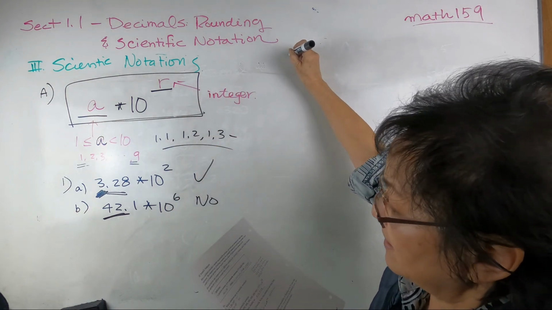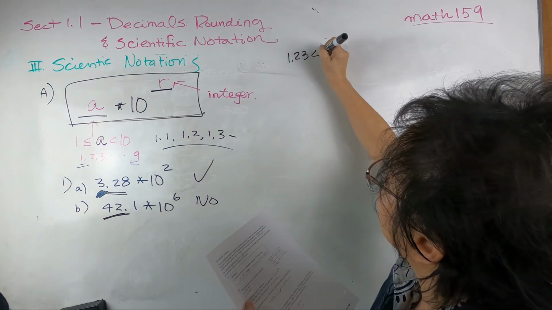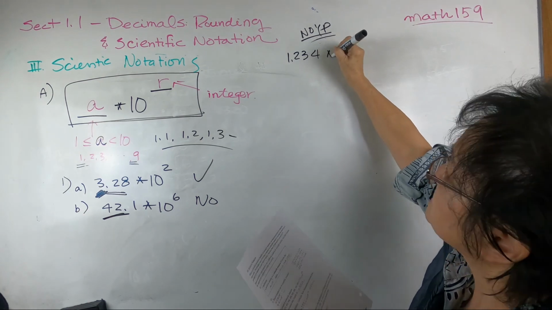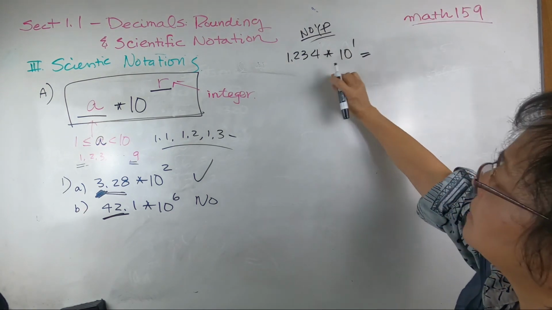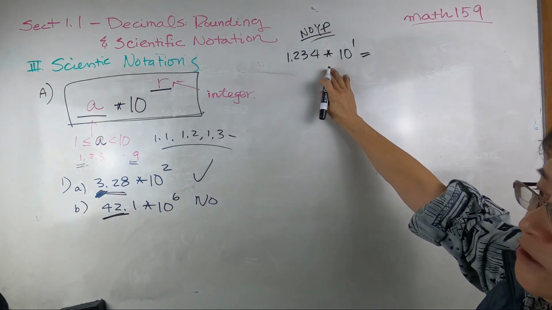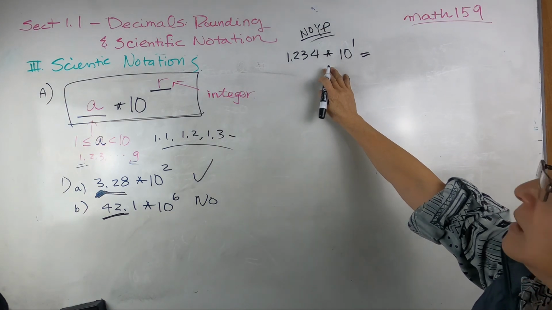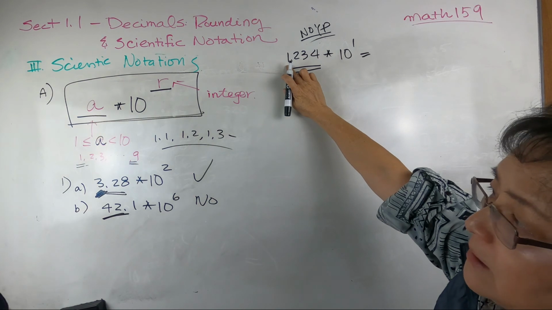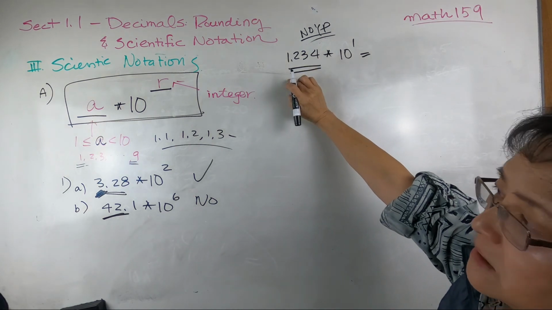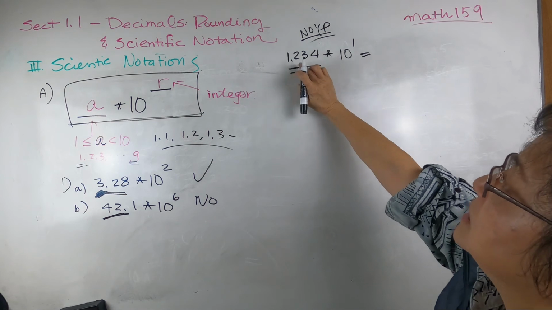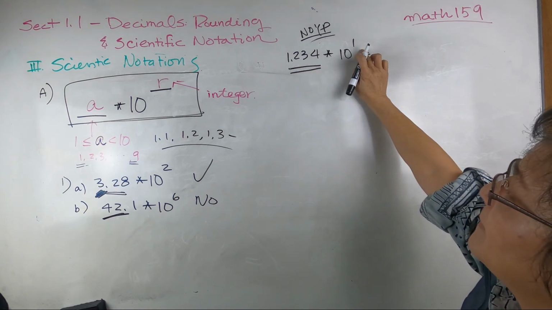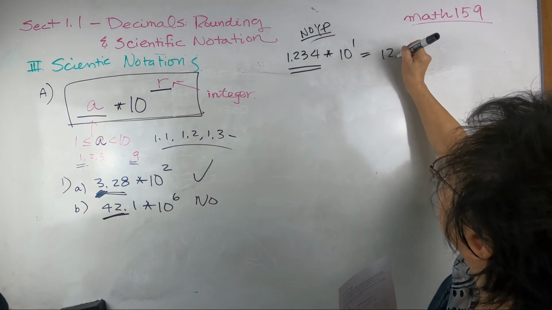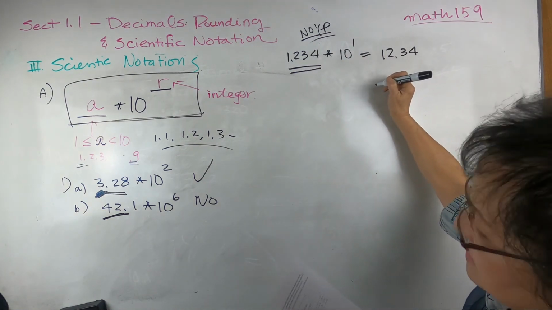So if I have 1.234, this one is not on your paper, okay? So if I say times 10 to the 1 power, do I have a scientific notation? A number between 1 and 10, right? 1 point something, up to 9 point something. And times 10 to the 1 power is what? Times 10. You end up with 12.34, right?